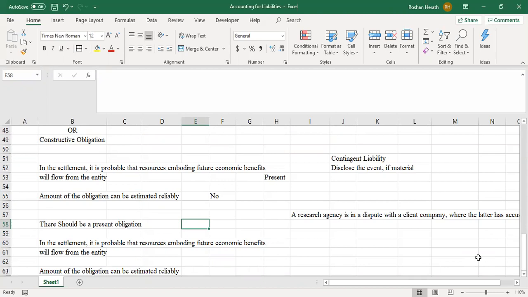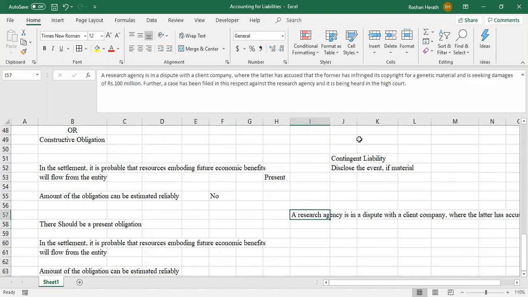The client has gone to the court and filed a case against you, accusing that you have violated the copyright, but that does not mean that a present obligation is there. And in fact, depending on the information given, the case is being heard in the court. So maybe the case is in the initial stage of the legal process.